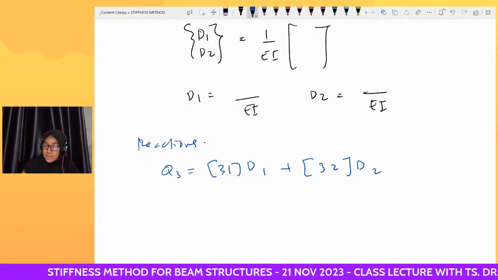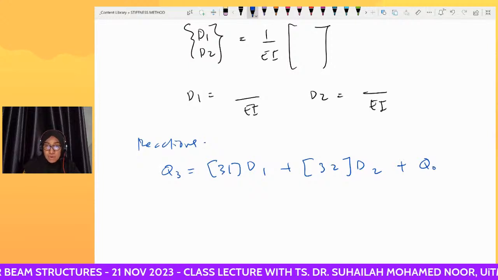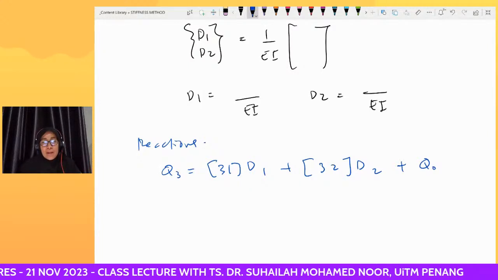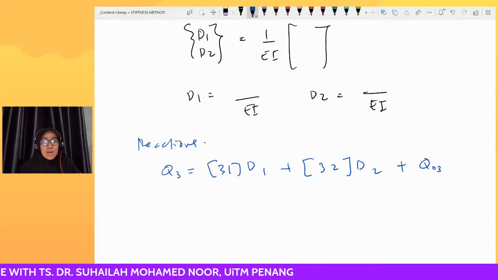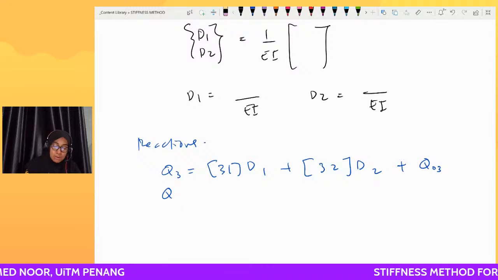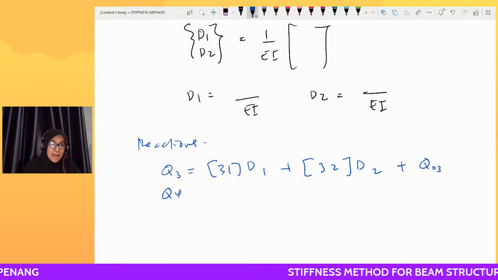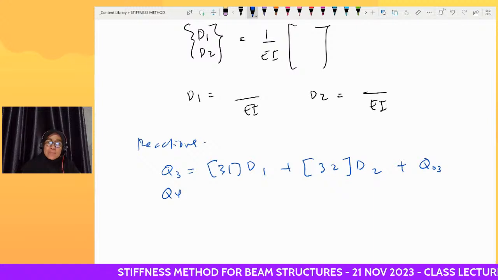And after that we have to add Q naught at position 3. Okay, Q naught at position 3. So same goes to Q4, but be careful with the sign, because in Z we must put kilonewton meter.